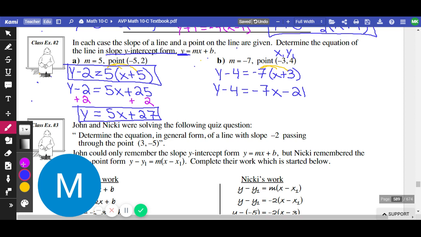We then have to move that 4, so we add 4 to both sides. My final answer would be y equals negative 7x minus 17.